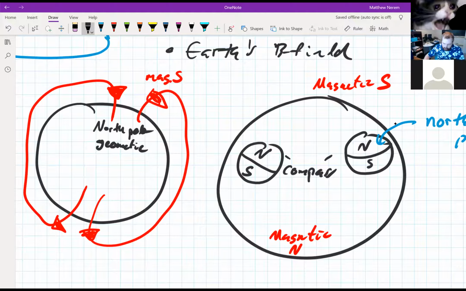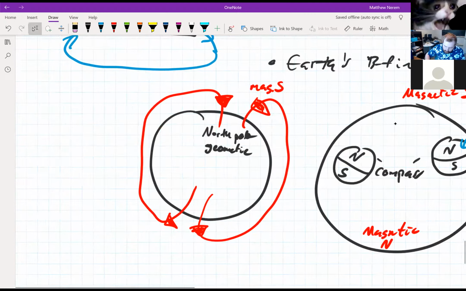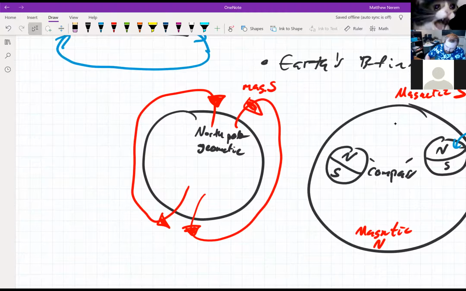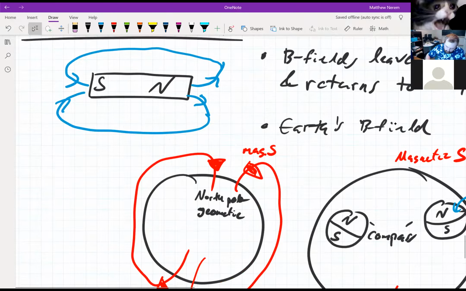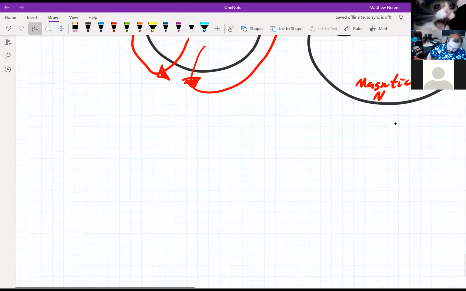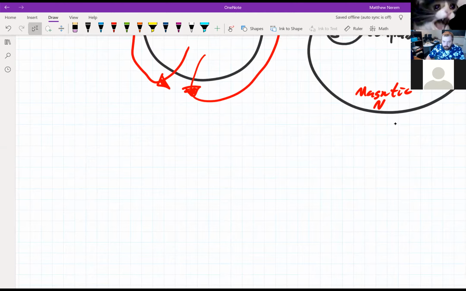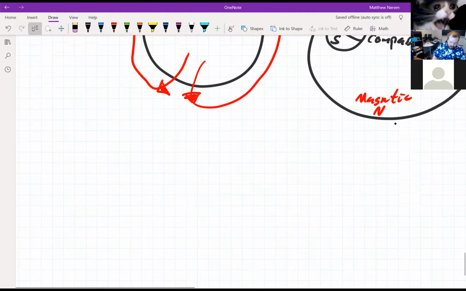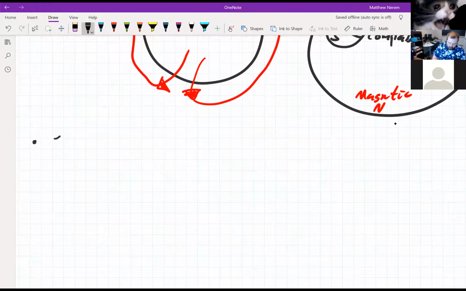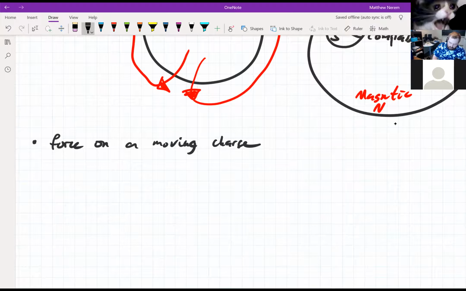All right, so let's start doing some expressions, some reminders of equations on this stuff. Yes, we will talk about that. In fact, it's literally the next thing in my notes. So let's get there. Force on a moving charge, right?